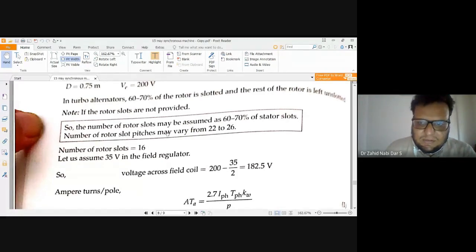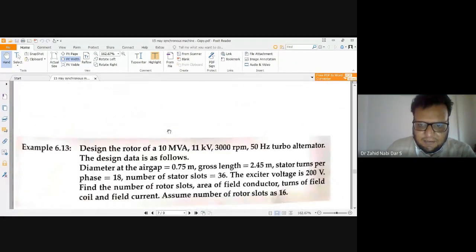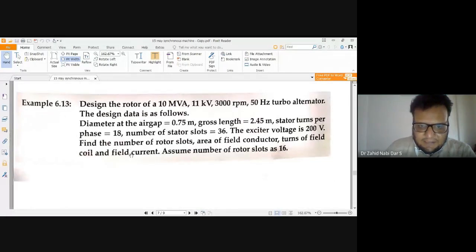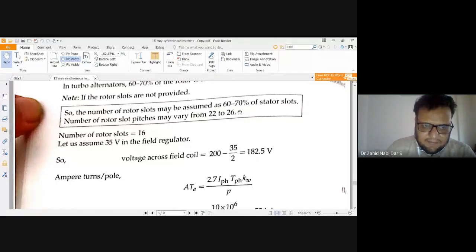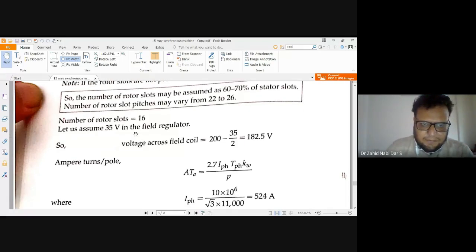Why? Because 60 to 70% of the stator slots, which are mentioned as 36, will come to around 20 to 26. Number of rotor slots is mentioned as 16. So there are some assumptions in this problem.